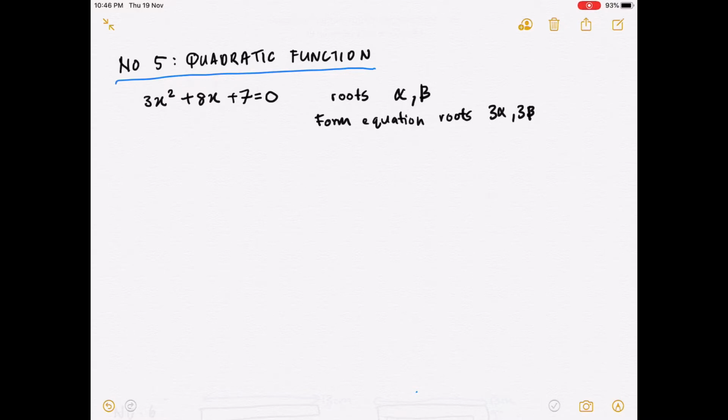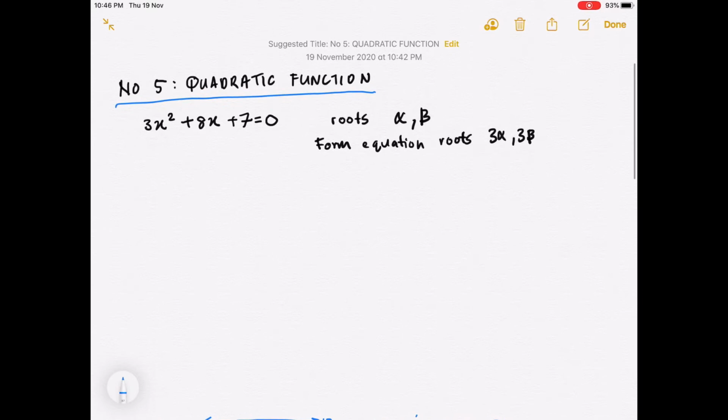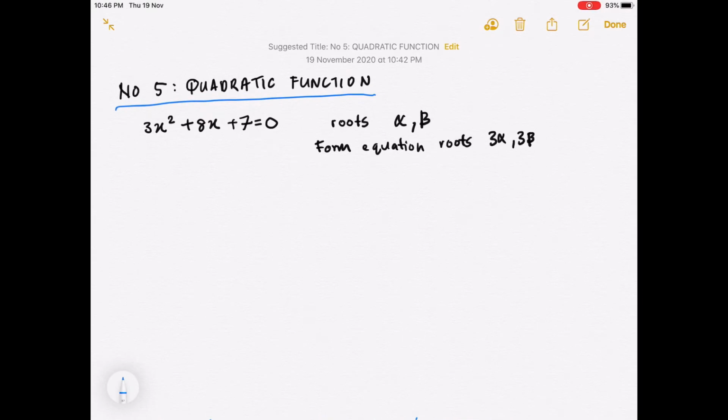Okay, so this quadratic equation, roots dia alpha plus beta. Kita tahu kan, sum of roots is negative b over a, and product of roots is c over a. So sum here is negative 8 over 3 and product is 7 over 3.